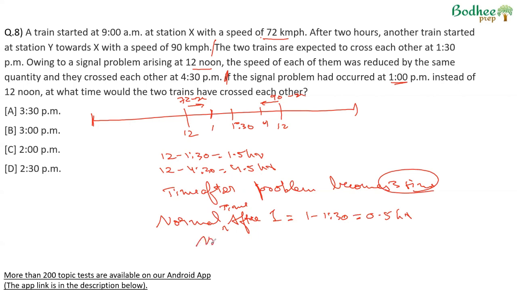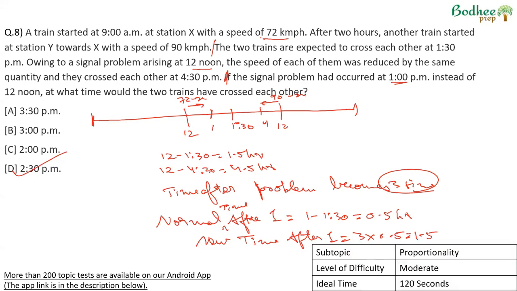So the new time taken after 1 o'clock will be 3 times 0.5, which is 1.5 hours. 1.5 hours after 1 is 2:30 p.m. So if this problem had occurred at 1 o'clock, instead of half an hour, they'll take 1.5 hours to meet. So they'll meet at 2:30 p.m.